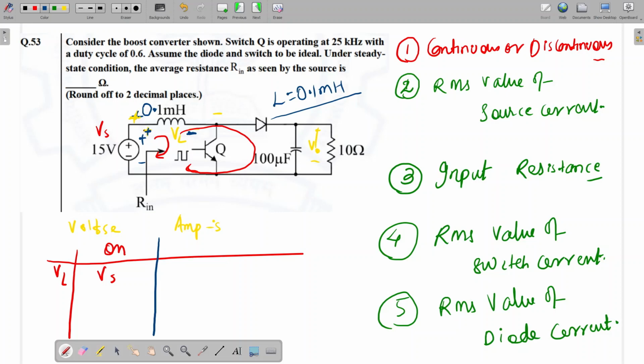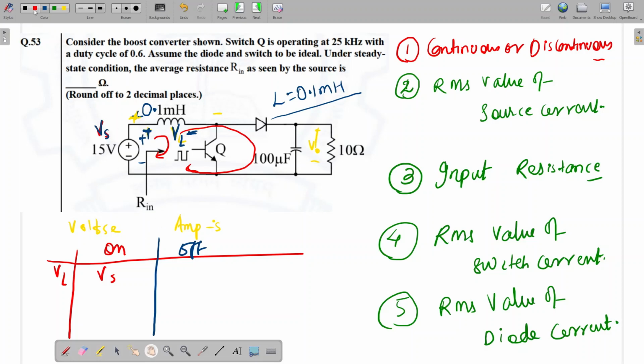Shorted means plus is connected here and minus is connected here, so the inductor voltage will be the same as the source voltage. You can write KVL in this loop, so VL will be VS.